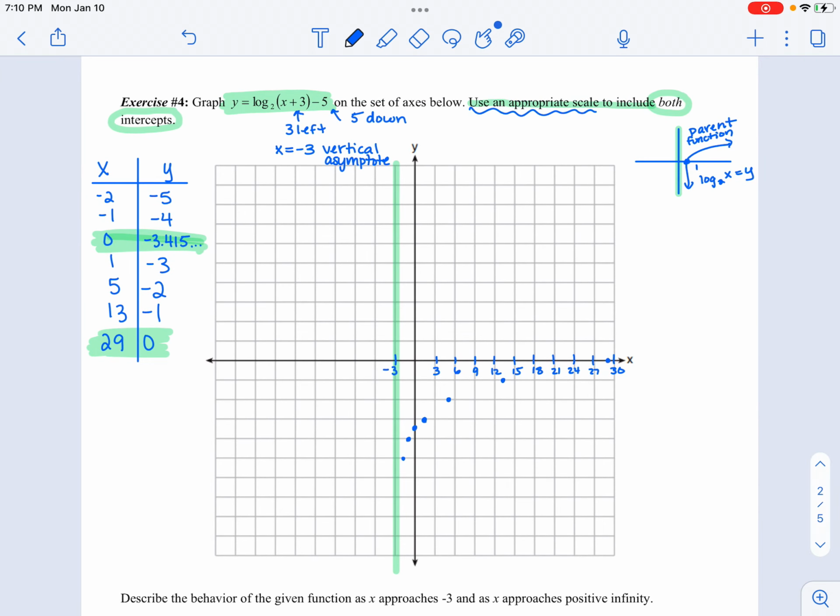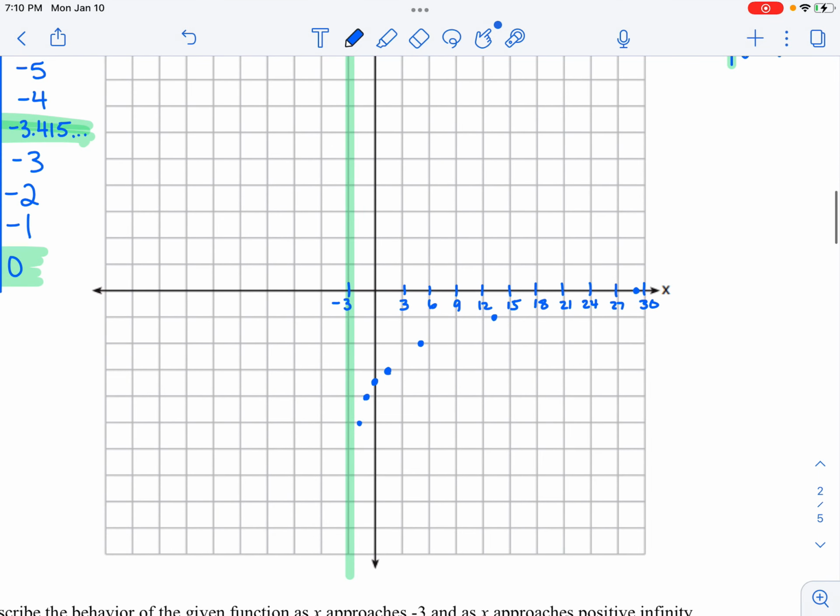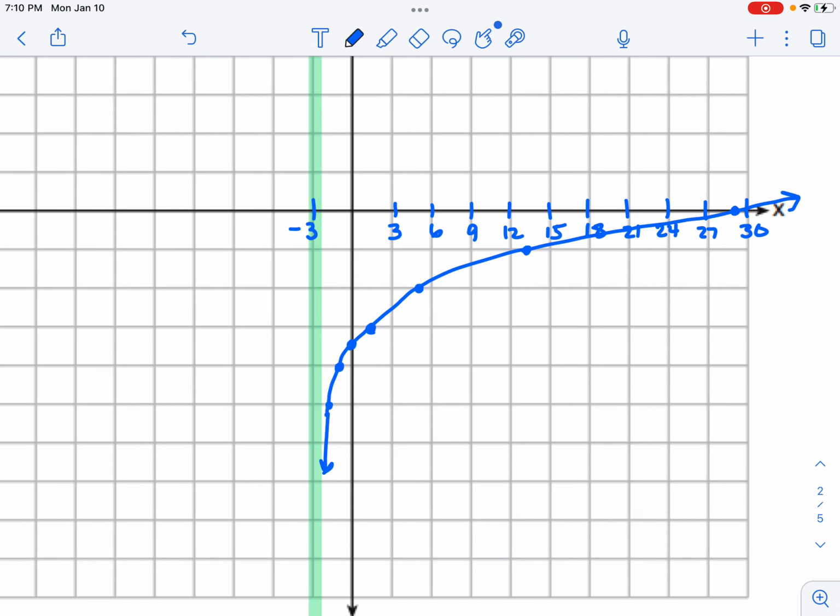Okay, so now I'm going to do my best at making this a smooth curve. Just knowing the domain of a logarithm, I know the range will go to -infinity on the left, and my x values will get closer and closer and closer to -3.